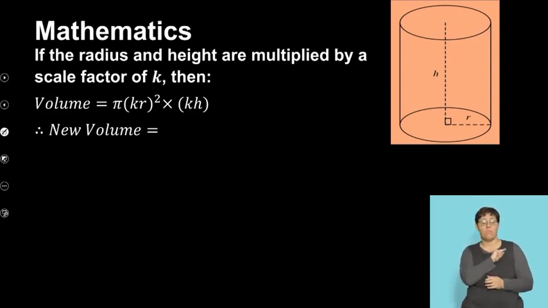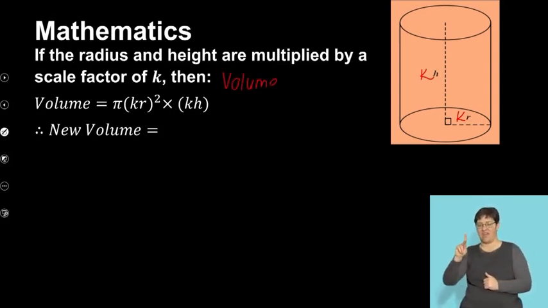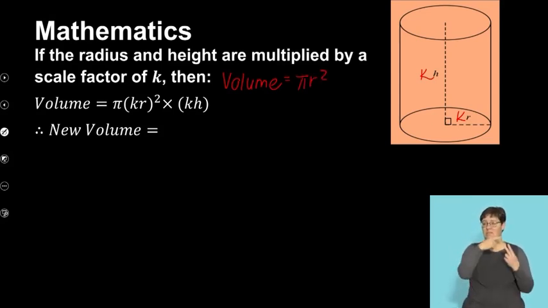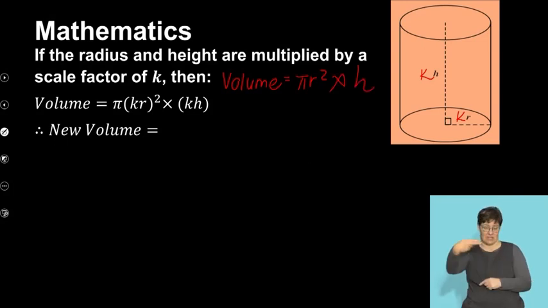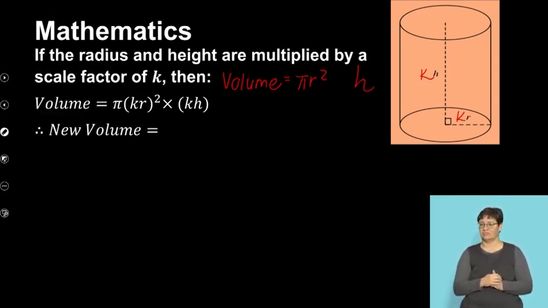Because I've multiplied by a scale factor of k, my new radius is kr and my new height is kh. Just a reminder that the volume of a cylinder is equal to pi r squared, which is the area of the bottom circle, multiplied by the height. So the area of the bottom circle multiplied by the perpendicular height.